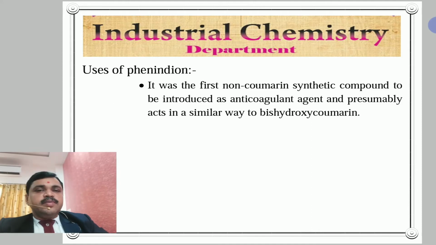So most of the compounds are coumarin derivatives, but Fenindion is a non-coumarin derivative and it is very useful as an anticoagulant agent, and it is similar to bis-hydroxycoumarin.